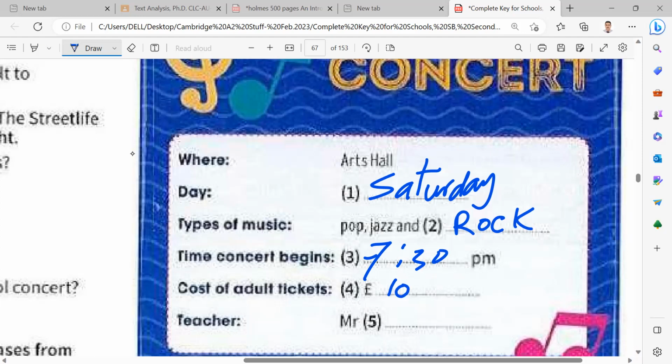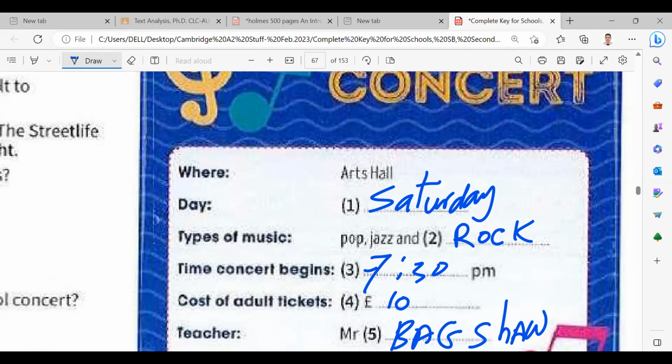Free for students at the same school. Yes. But the students from other schools, £2. 2 pounds. Perfect. Type. What is the name of the teacher? Bagshaw. Yes. B-A-G-S-H-A-W. That's it. Exactly.